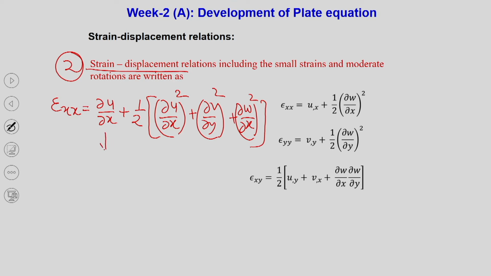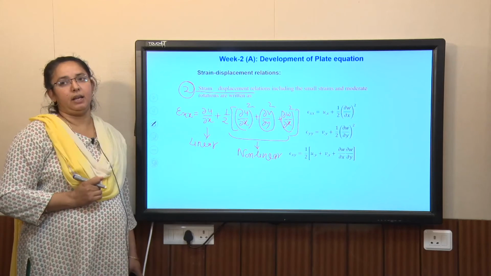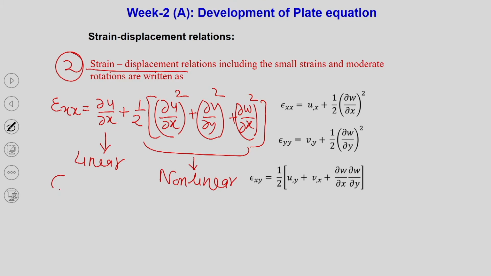So, this corresponds to the linear and this corresponds to the non-linear contribution. If I say von Karman non-linearity, sometimes we call it geometric non-linearity.